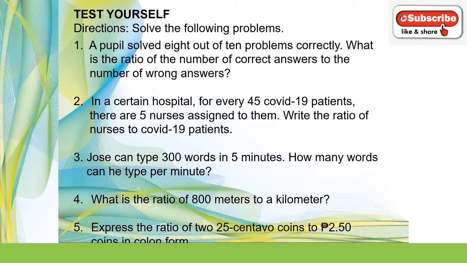Number 3. Jose can type 300 words in 5 minutes. How many words can he type per minute? Number 4. What is the ratio of 800 meters to a kilometer? And number 5. Express the ratio of 2 25-centavo coins to 2 pesos and 50-centavo coins in column form.